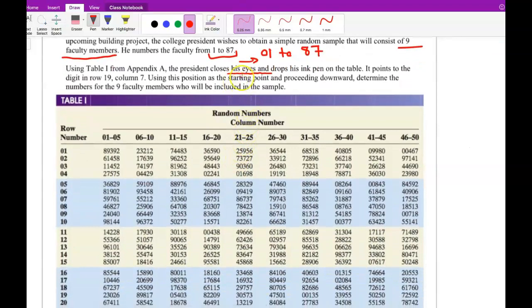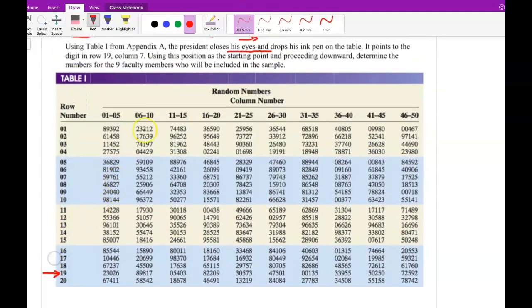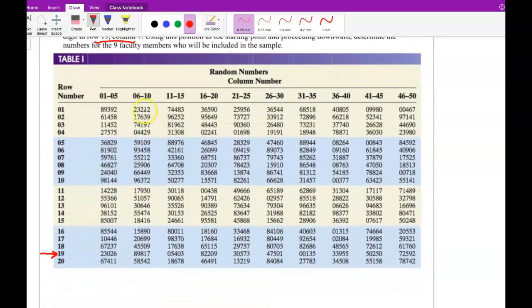That's why he's dropping his pen on the table. And that points to the digit in row 19, column 7. Let's find that. Row 19, and column 7: this is 6, 7, 8, 9, 10. This column is 7.